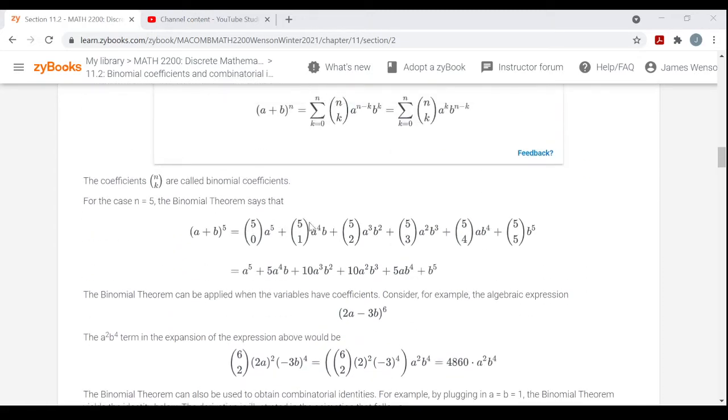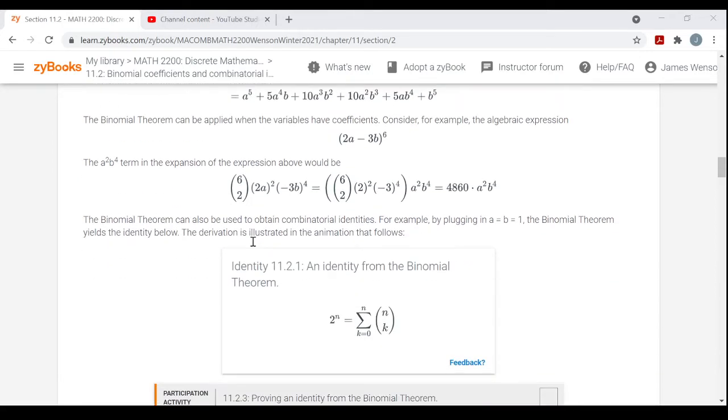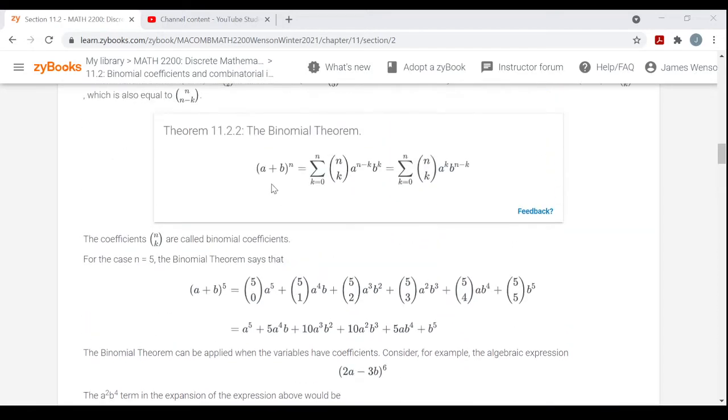So the sum of all these, 5 choose 0 plus 5 choose 1 plus 5 choose 2 plus 5 choose 3 plus 5 choose 4 plus 5 choose 5, the sum of all those would be 2 to the 5th. That would be 32. And hopefully you can see where this is coming from. All I would need to do is replace, in my binomial theorem, a and b with 1.